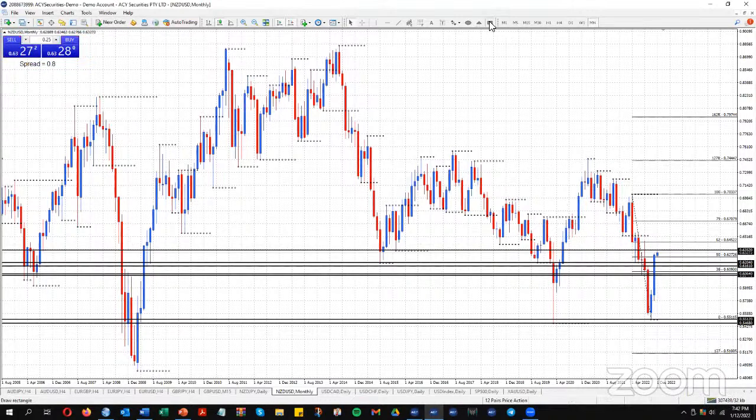So are you talking about the potential of this area here? Or I'm just having a look at where you're getting all your information from. So you're saying marries up with a 79% fib from the drop from December 2014 to March 2020.